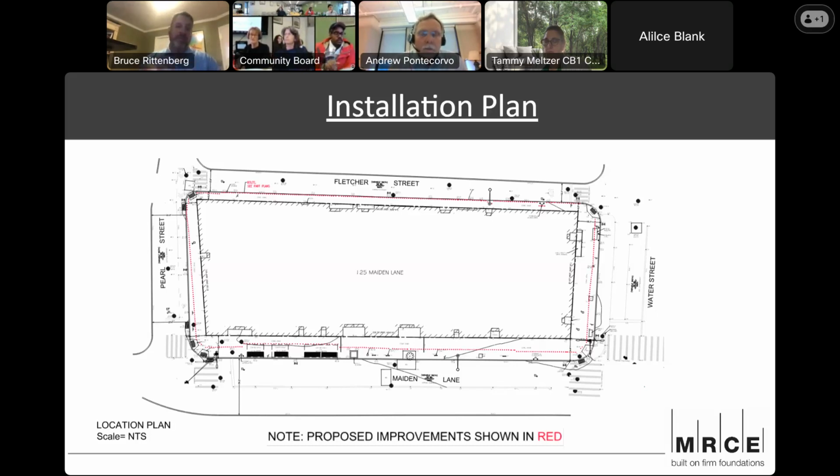Deployment could take 10 to 12 hours, upon notification of evacuation of Lower Manhattan or evacuation of the zone. We're in zone 1, so we're in the highest risk area. We anticipate 10 to 12 hours to deploy and about 8 hours to remove.